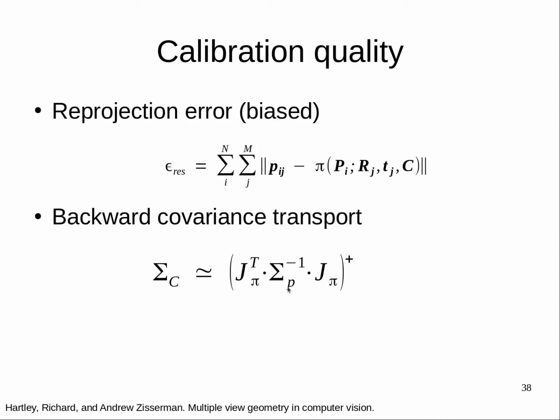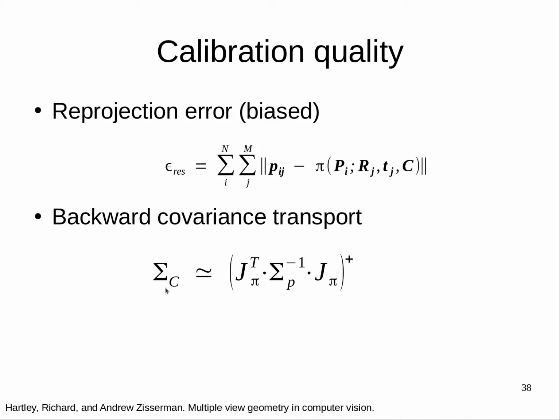In this case it means you only capture the 2D image position up to 1 pixel, which is a sane approximation to make. Given this assumption, you can then compute the covariance of your parameters. As a note, this plus here means pseudo inverse, because this is not a square matrix, and therefore you cannot take a normal inverse of it.